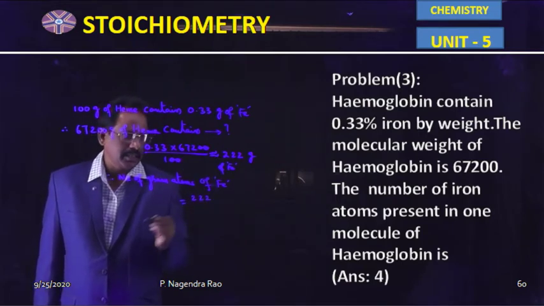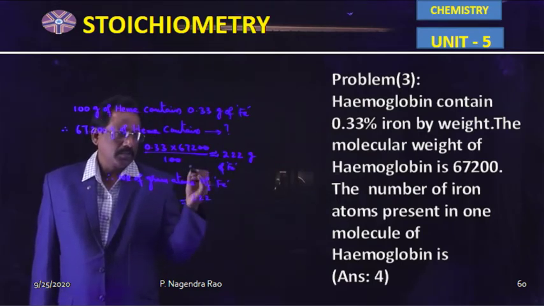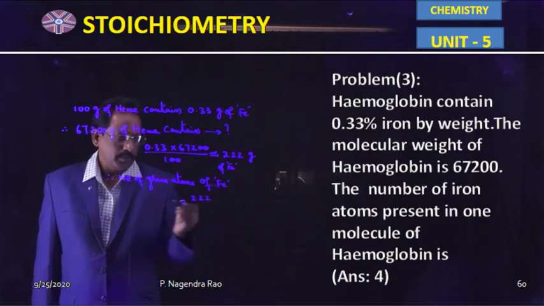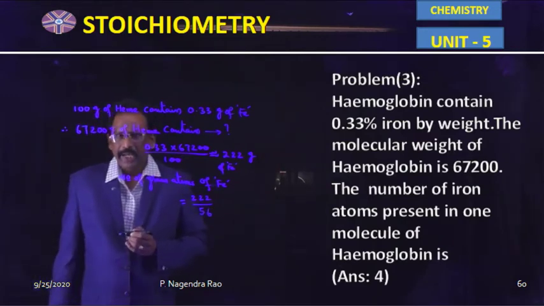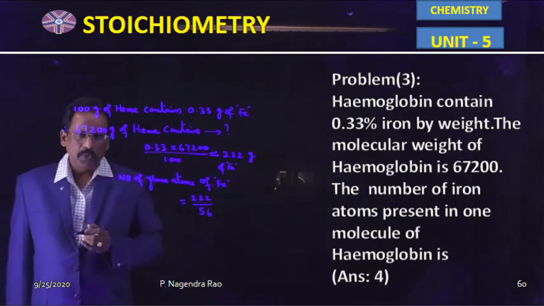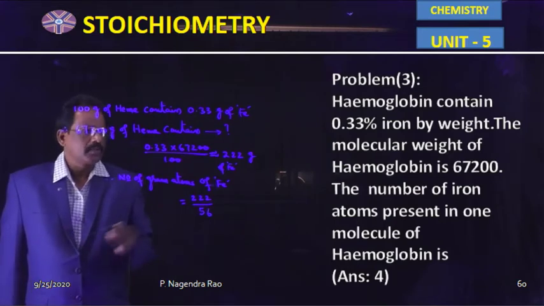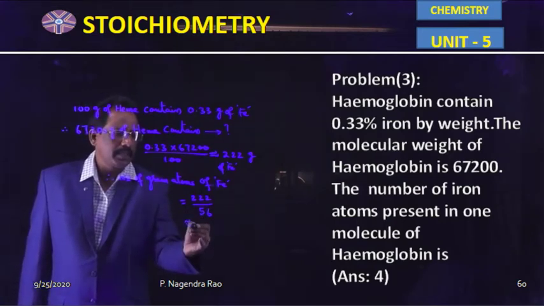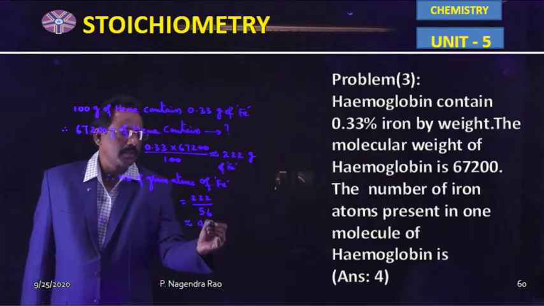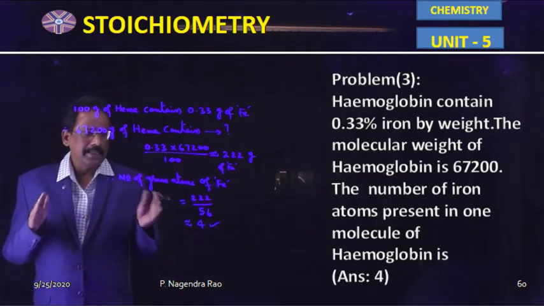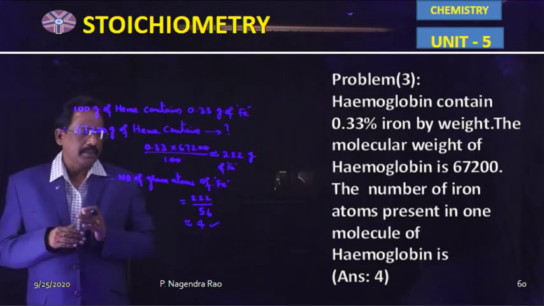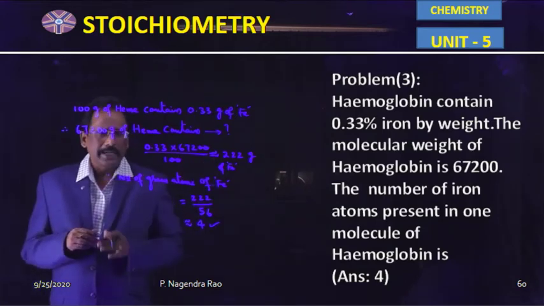Here weight is approximately 222 divided by the atomic weight of iron, which is 56. So it is approximately 4. So 4 iron gram atoms are present in 222 grams of iron.